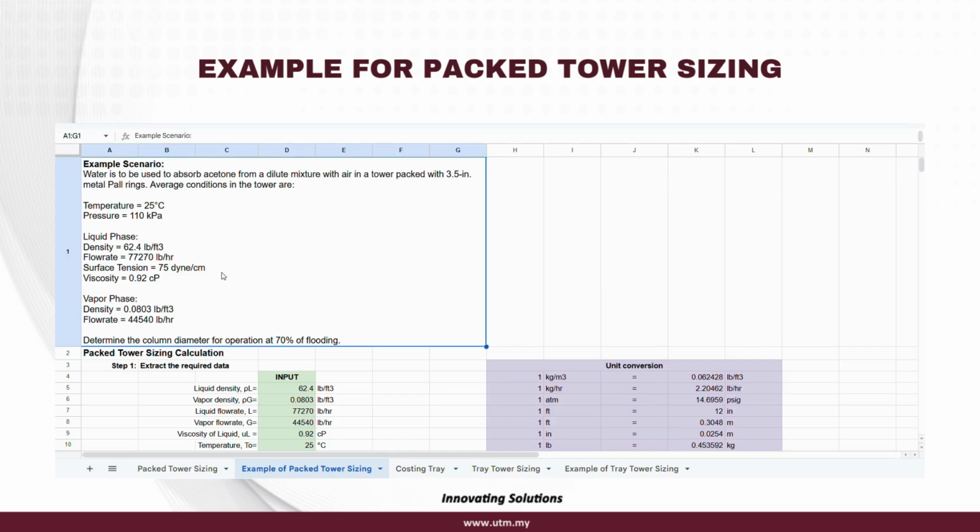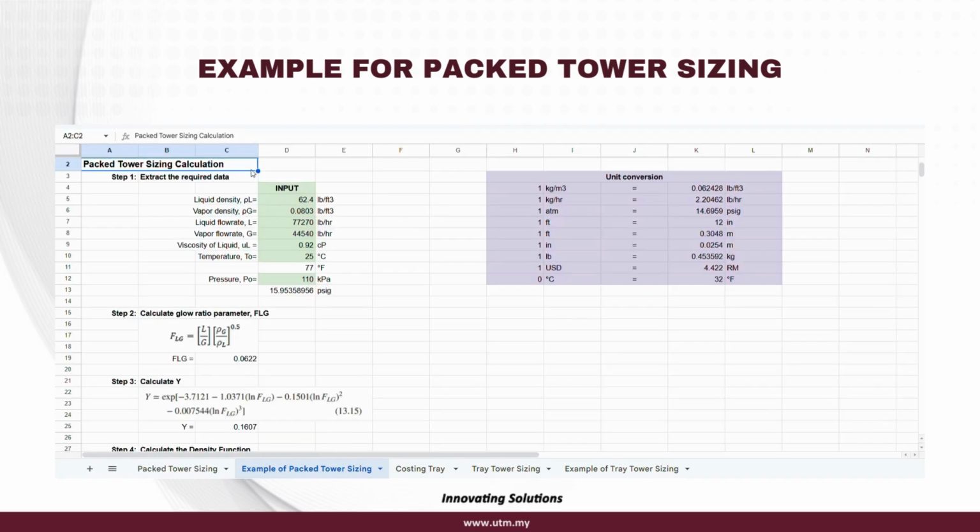In the vapor phase, it has a density of 0.0803 pounds per cubic foot and a flow rate of 44,540 pounds per hour.